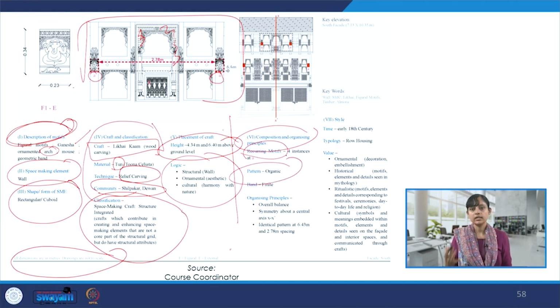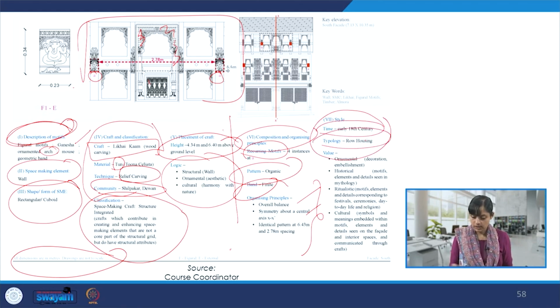Pattern is organic or inorganic or geometric. And whatever we have been studying about elements and principles of design, balance, rhythm, etc. What style? So 18th century row housing, and what is the value matrix, or how do people see these houses or these spaces or these designs or motifs.